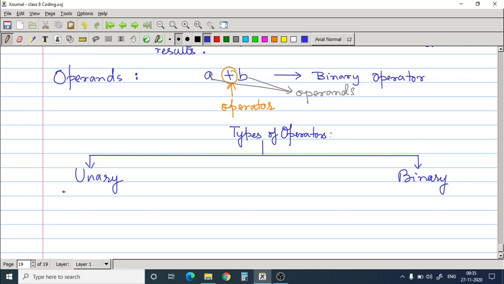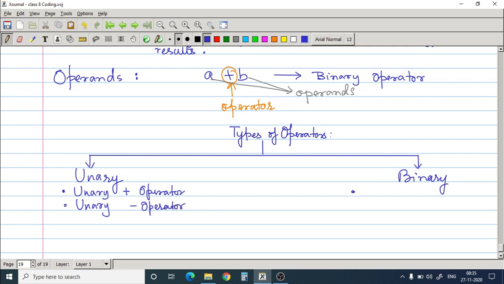What are the different kinds of unary operator? One is the negation, or unary plus operator, and unary minus operator. We will do everything in detail.